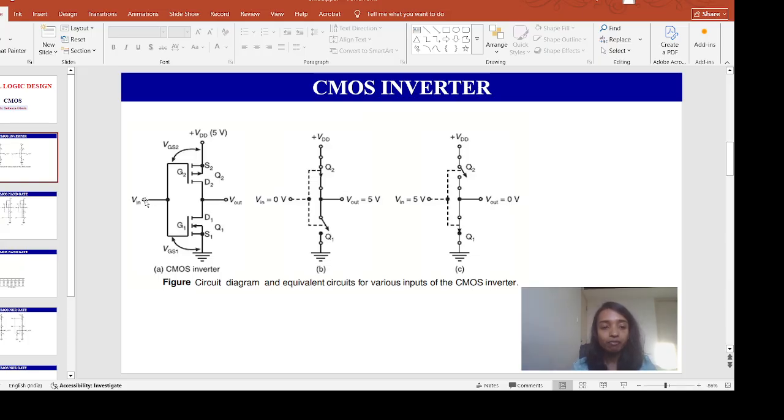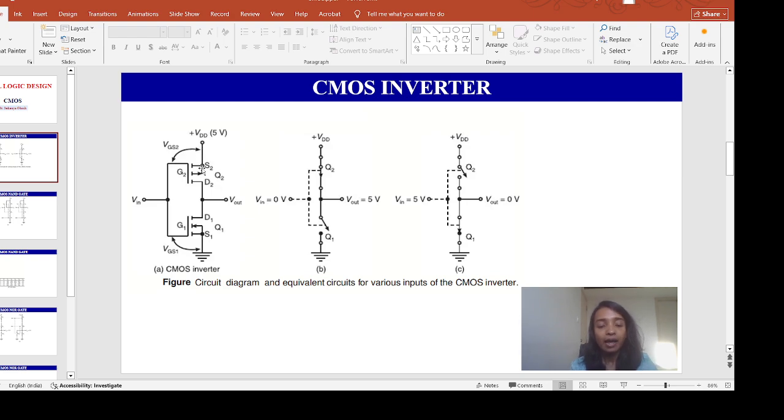First we will consider that a positive supply voltage is connected to the source of this PMOS transistor, which is Q2.